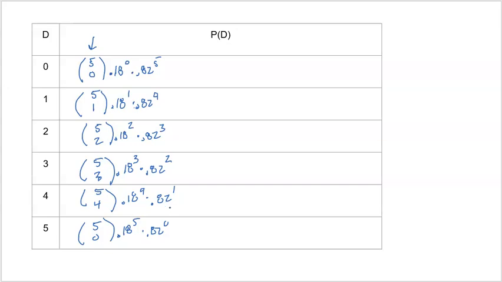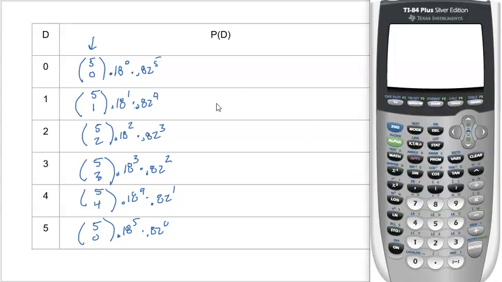Now remember, you could certainly use your calculator to calculate each of these. For example, how would I calculate the probability of 2 defective batteries? Well, I could do 5, choose 2, following my directions of how I did that. Now remember, the notation uses parentheses, but your calculator cannot work vertically. Your calculator only works horizontally. So this is how you input it into the calculator.